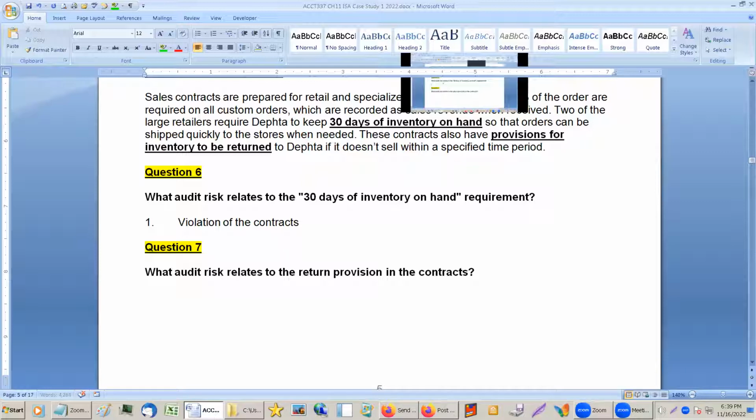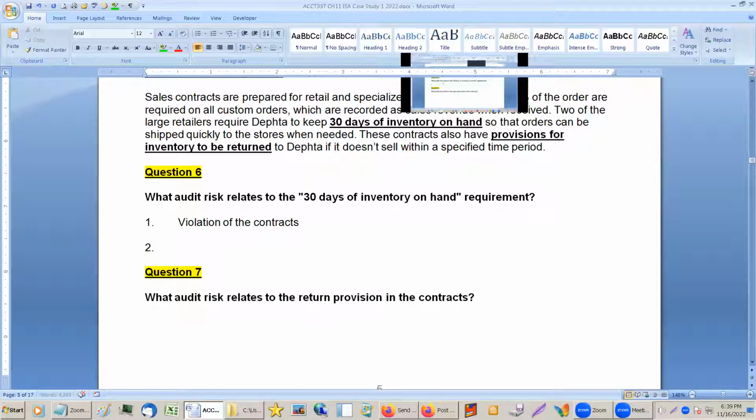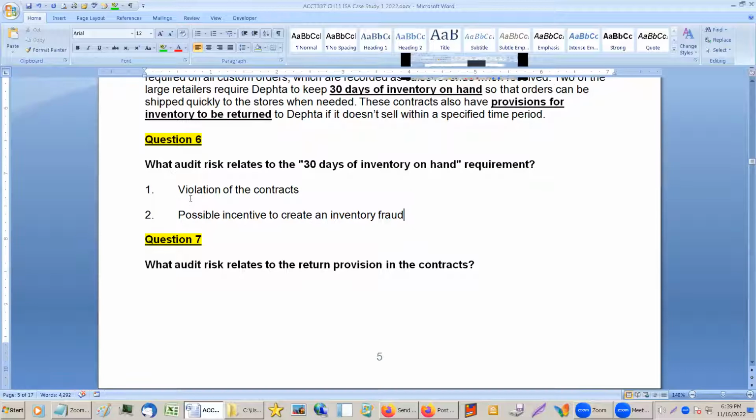And second thing is the incentive to possibly create an inventory fraud so that they are not in violation of the contract.